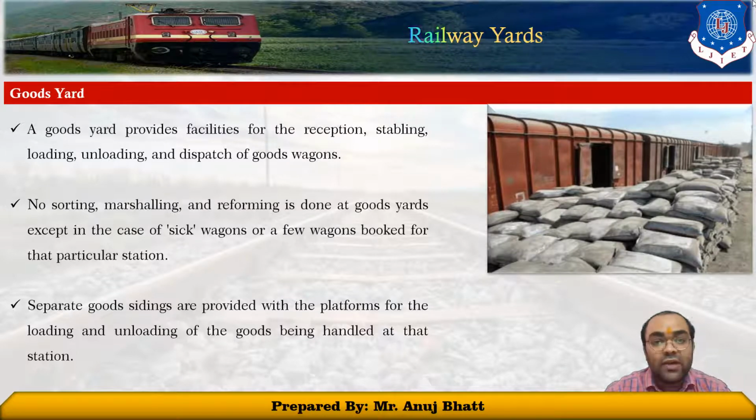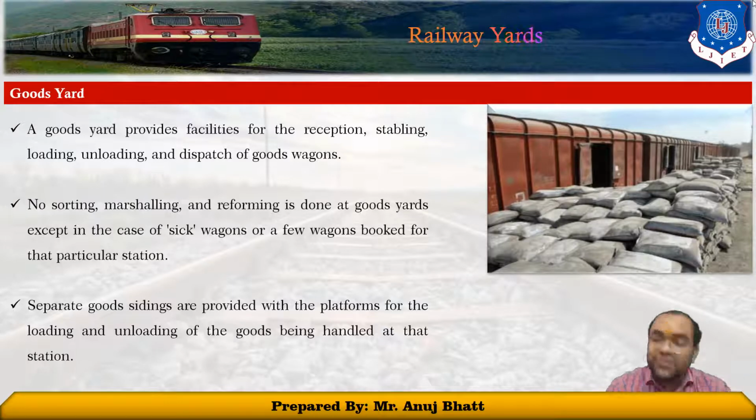No sorting, marshalling and reforming is done at the goods yard, except in the case of sick wagons or a few wagons that are booked for that particular station.